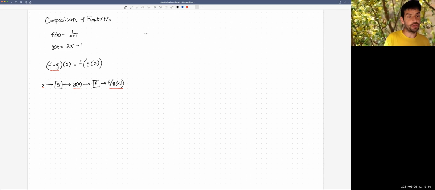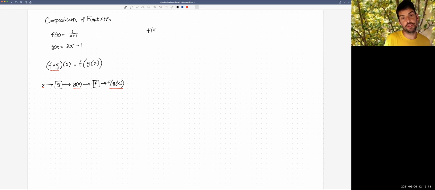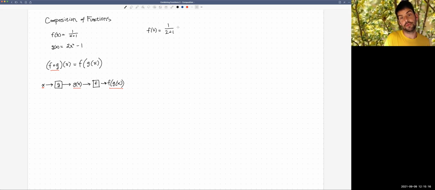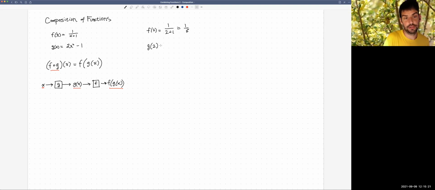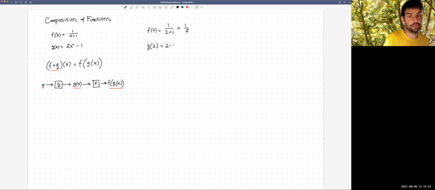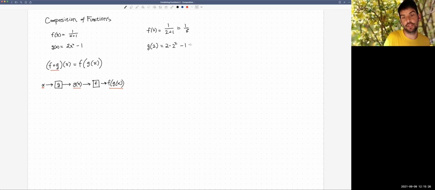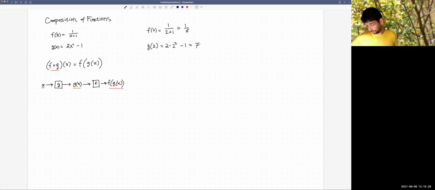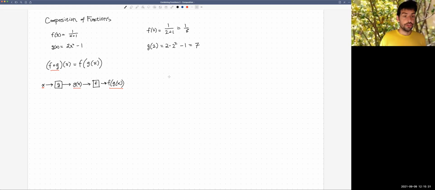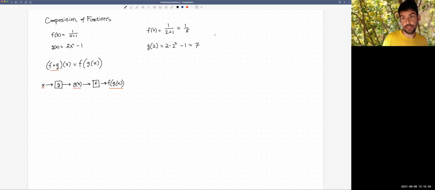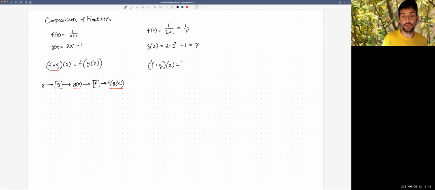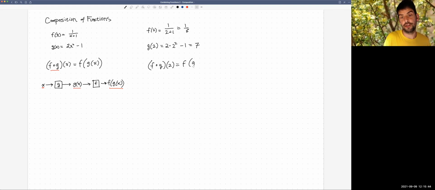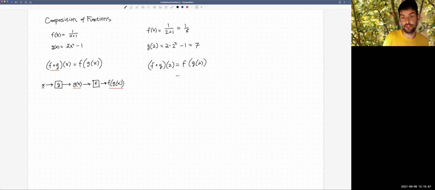All right, so let's go ahead and compute, first of all, f of 2, 1 over 2 plus 1, or 1/3, and g of 2, 2 times 2 squared minus 1 gives me 7. So if we now do f composed with g of 2, this will give us f of g of 2, this is the definition.